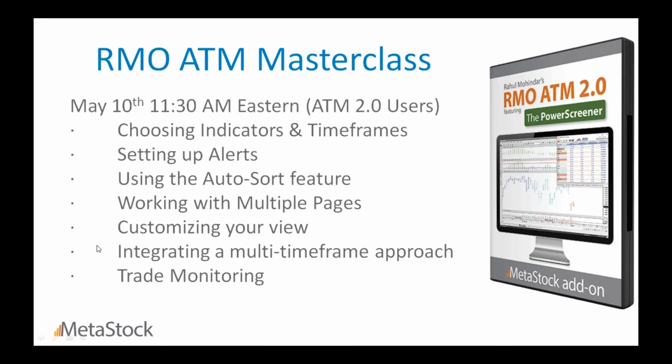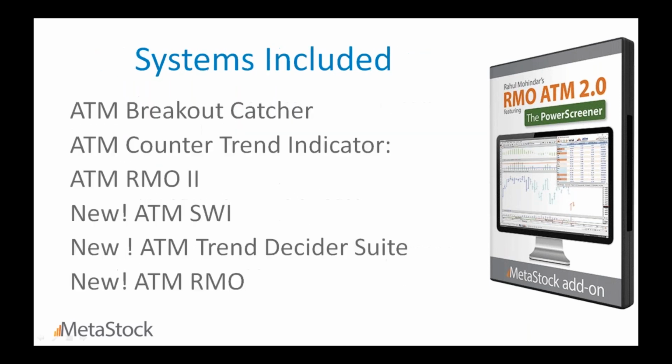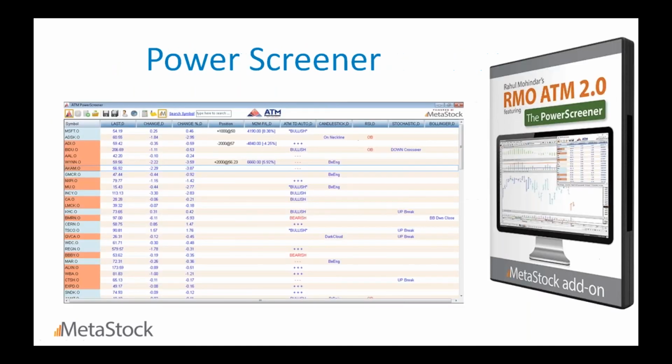So, in any case, let me go back a little bit in the slides. That question came up, so I skipped a little bit ahead. But the ATM is, as Rahul said, one of our most popular add-on systems or methodologies for MetaStock. It comes with the power screener. The power screener is amazing. You can set up all your indicators, you can set up RMO indicators, you can set up other indicators, you can track positions and see P&L on a fairly real-time basis if you're using it with real-time data.